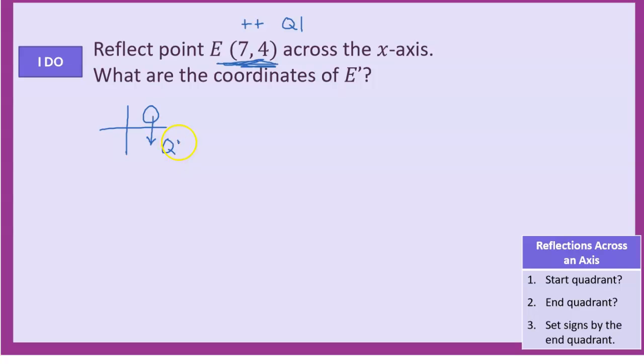We end up in quadrant 4, where we have positive x, negative y. So all we do is we look at our original points, 7 and 4, and we say positive x, negative y. So our answer will be 7, negative 4. Pretty easy, huh? Pretty slick.